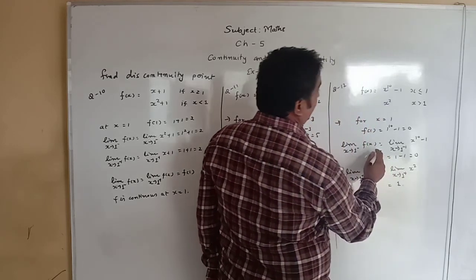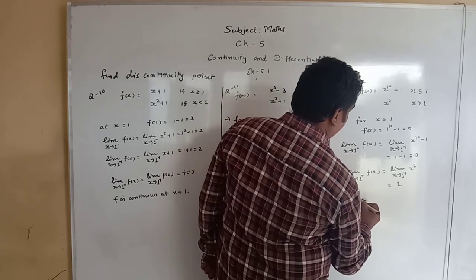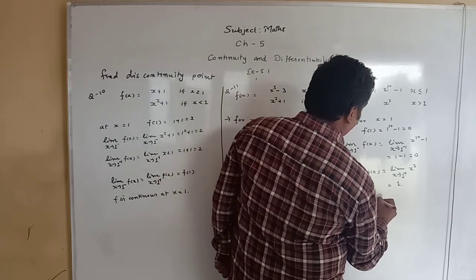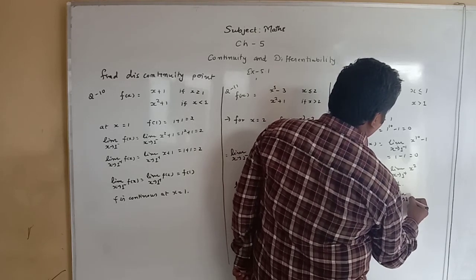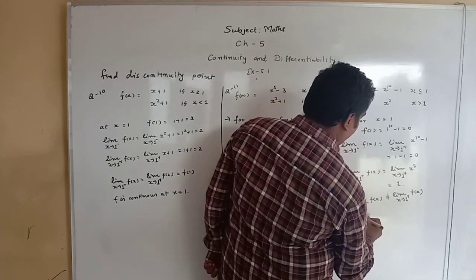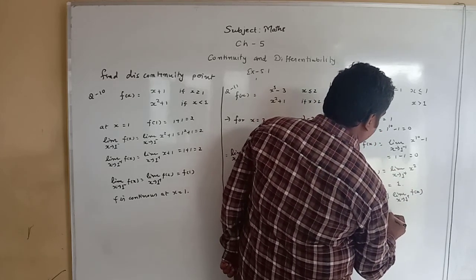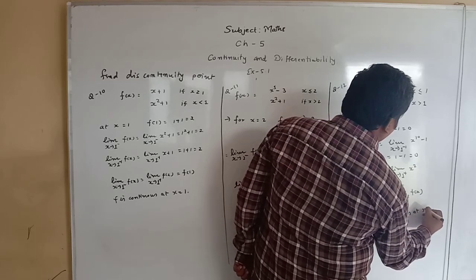And so here the left limit is not equal to the right limit at x = 1, and so we say that f is discontinuous at x = 1.